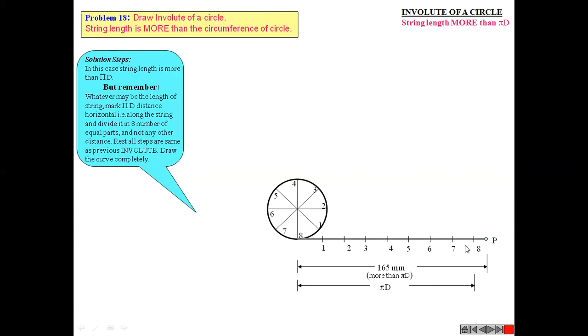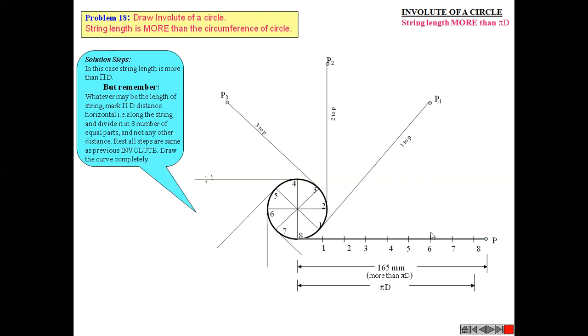So here I have marked P1, P2, P3, P4, P5, P6, P7, P8. On this line, you will get point P8, and after that, the end will be there for the curve. In the previous problem, the endpoint was point number 8 itself, but here we have some extra length. That is why we are getting P8 onto this line.